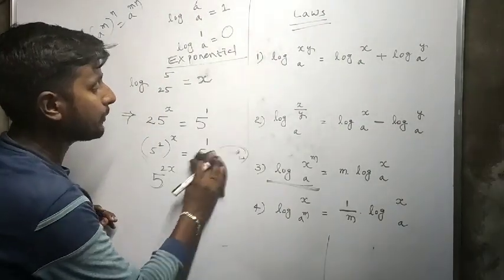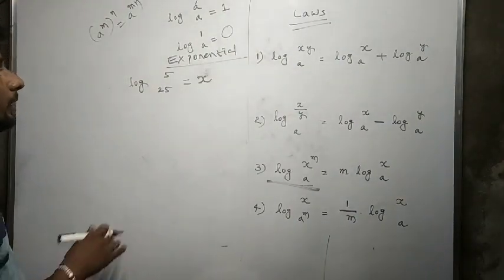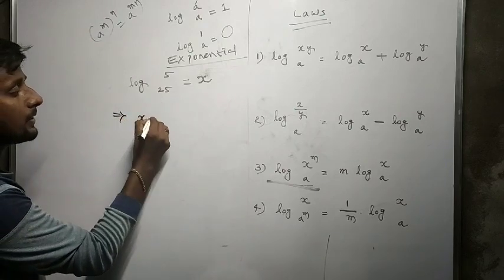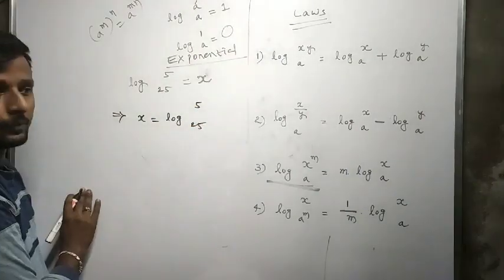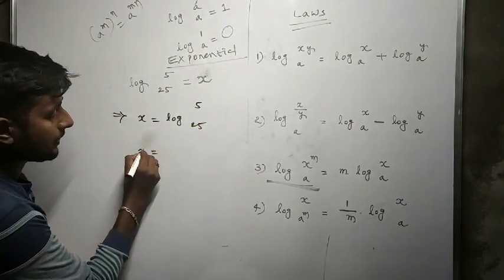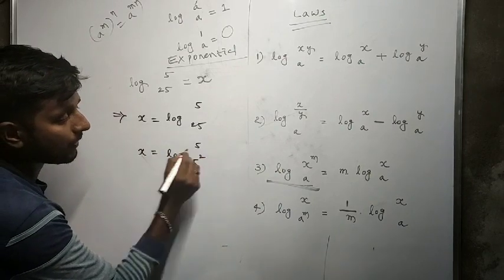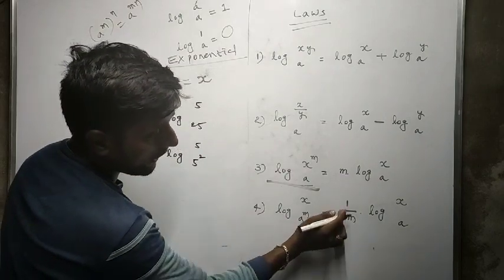Okay, the same problem we will solve in log form. Look at the same x I have written: x is equal to log 5 to the base 25. Correct? 25 we can write as 5 square. Now look at the power on the base. What have I written? 1 by m.